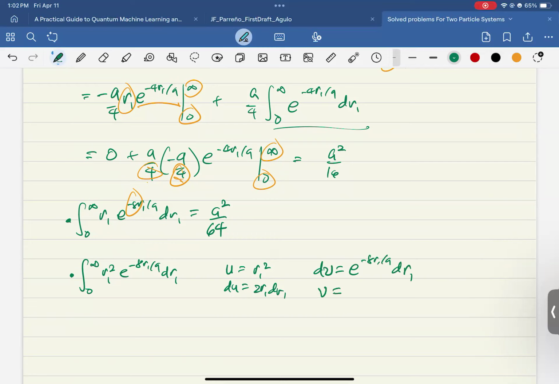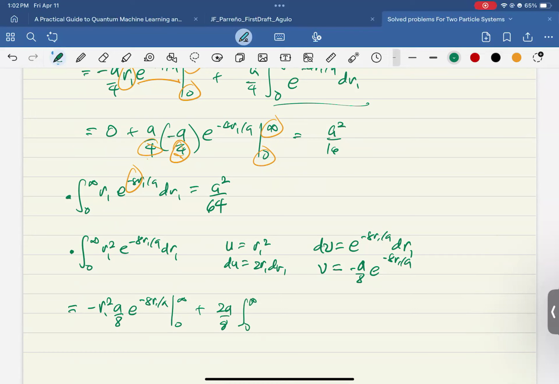So this gives us uv, negative r1 squared a over 8 exponential minus 8 r1 over a evaluated from 0 to infinity plus 2a over 8 integral from 0 to infinity ng R1 exponential negative 8 R1 over A d R1.